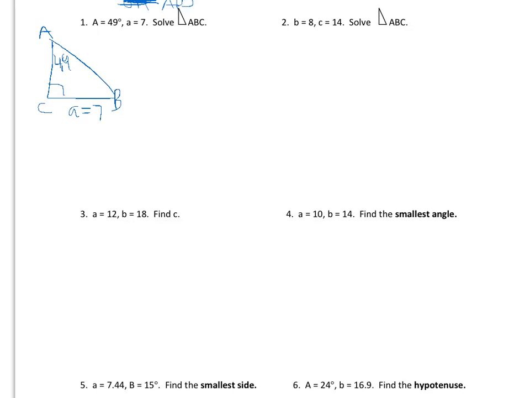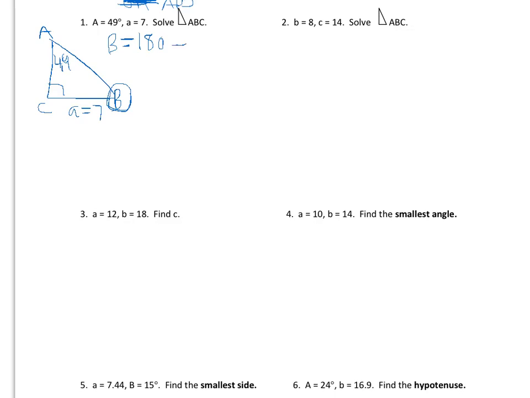And it's saying solve for triangle ABC. So what that means is I want to solve for all the angles and all the sides. Well, the one good thing about this, when you draw the picture, the first thing you could do, very easy to get an angle measure, is get angle B. Well, angle B, you know all the angles have to add up to 180.